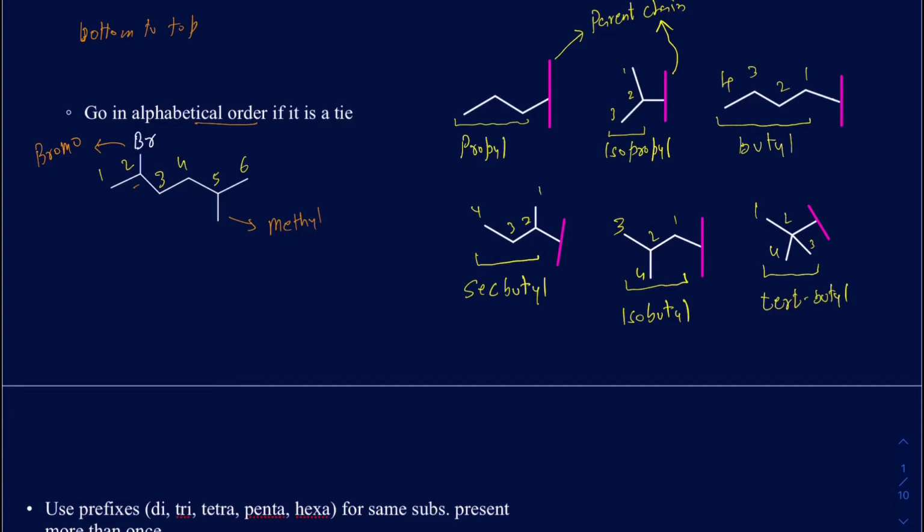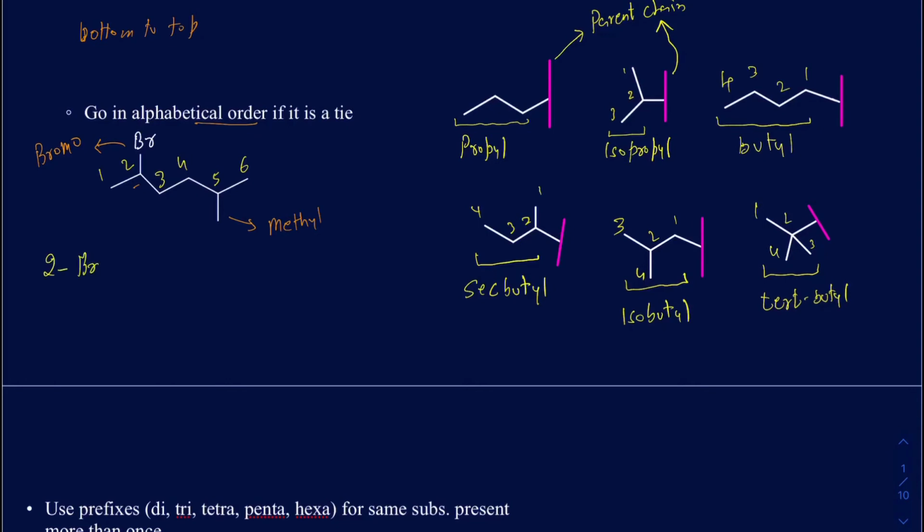Now, let's try to put it together in terms of the naming. When you have multiple substituents, you can use di, tri, tetra, penta, and so on. In this particular case, I have the bromine and the methyl. Since I have only 2 substituents and I want to put those in alphabetical order, I'll start with the bromo first.